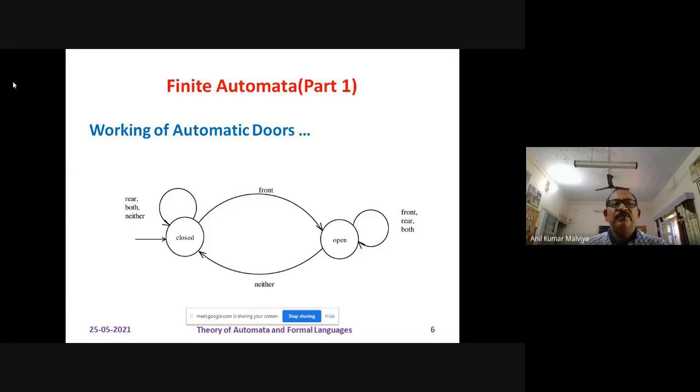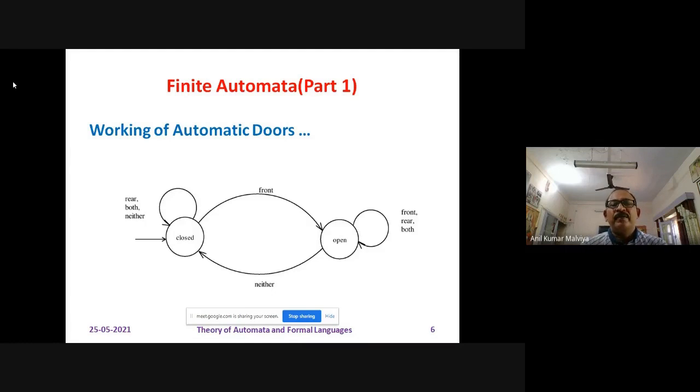The machine will move from closed to open state. If a person is standing on the rear pad, or persons are standing on the front and rear pad, or neither, if these three are the inputs, the gate will not open, meaning the machine stays in the closed state.